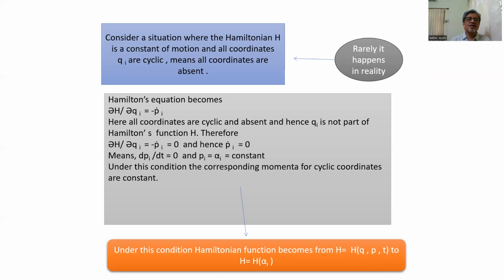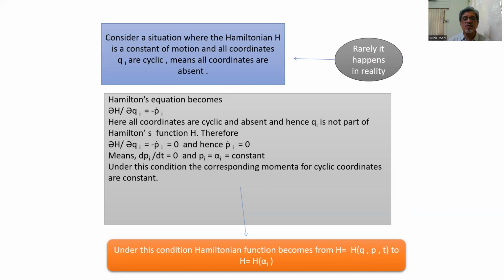Therefore, we can write del H by del qi is equal to minus p dot i is equal to 0, because H is not a function of qi, and therefore it is 0. And therefore, p dot i is equal to 0. That means dpi by dt is equal to 0, and pi is equal to alpha i, a constant. So momenta is constant under this condition.